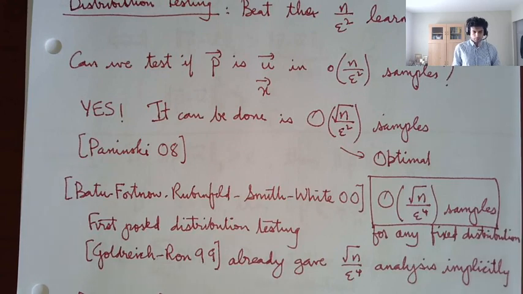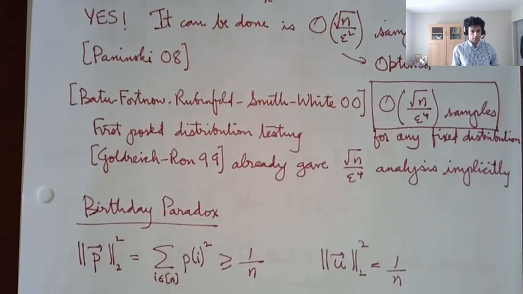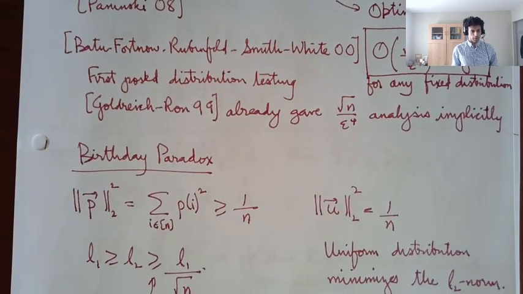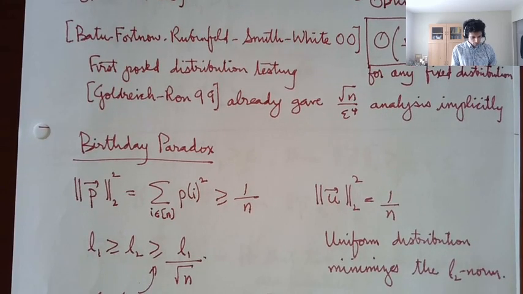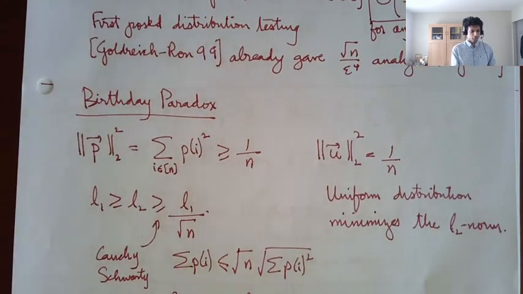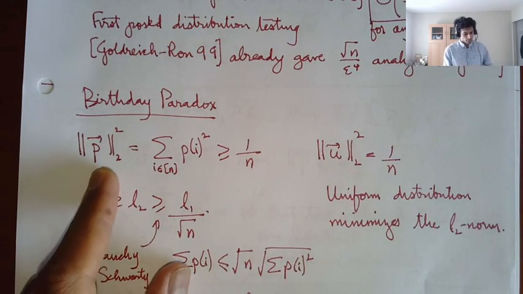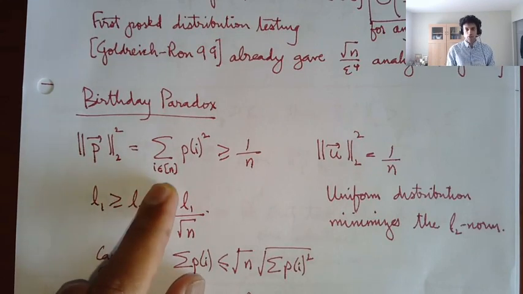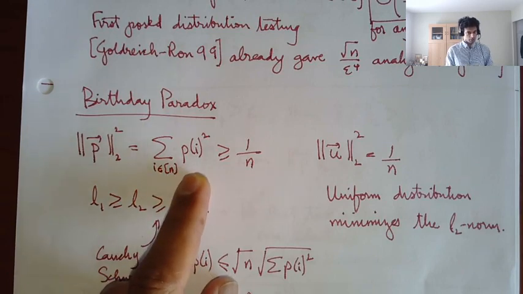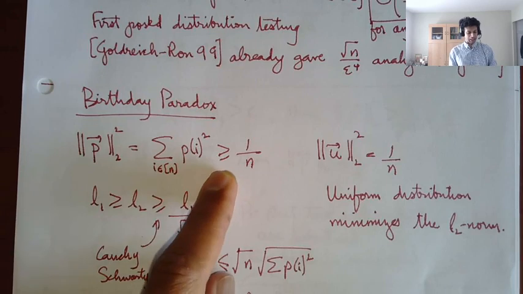Now, the key to uniformity testing is going to be exploiting the birthday paradox. Let's go over a few basic facts. For any p, the 2 norm squared is the summation over all elements of the support of the probability squared. Cauchy-Schwarz says that this quantity is at least 1 over n.